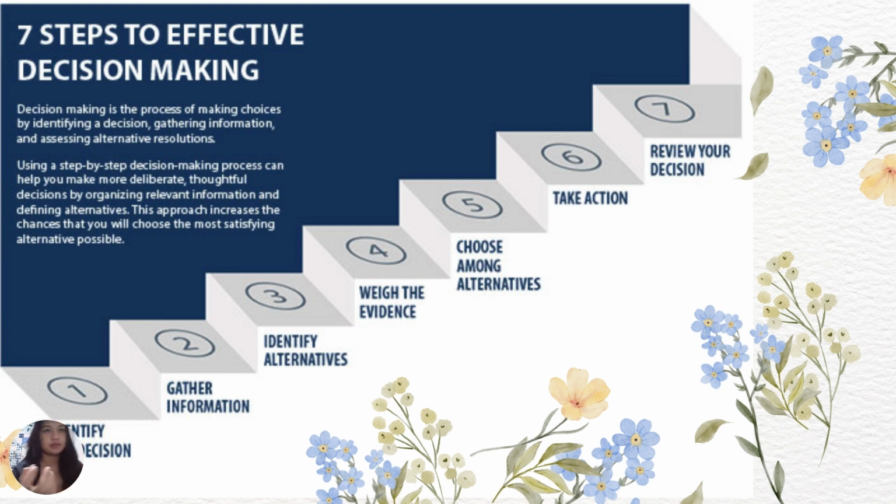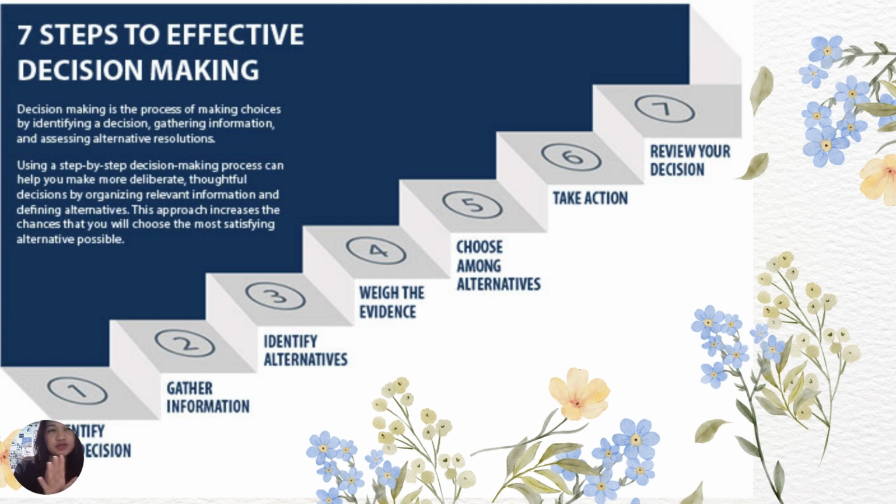The third step is to identify alternatives. When it comes to decision making, there are a lot of alternatives that you may encounter. Number four is to weigh the evidence of the decision, or what is the best decision that you are going to choose.